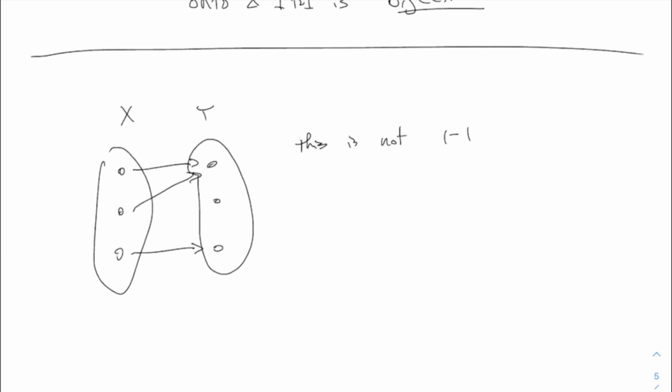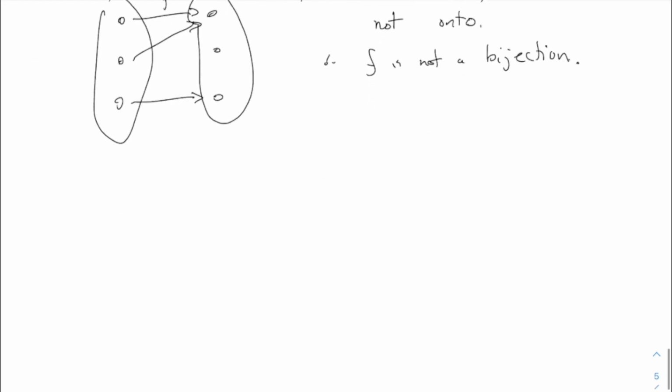Is it onto? Onto means that every point in the codomain actually gets hit by one of the arrows. The answer is no, it is not onto. Not one-to-one, not onto. So this f is not a bijection. This particular function does not demonstrate that X and Y have the same size, although X and Y do have the same size, it's just that this function is not good enough to demonstrate it.